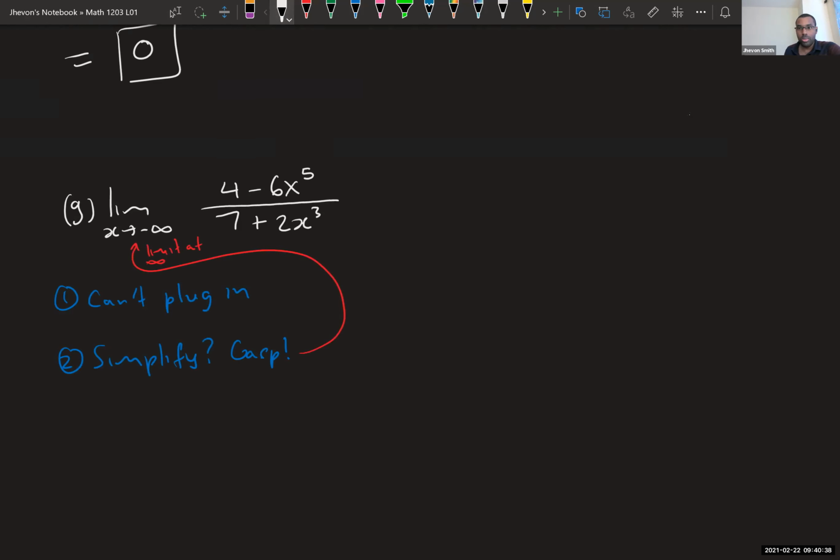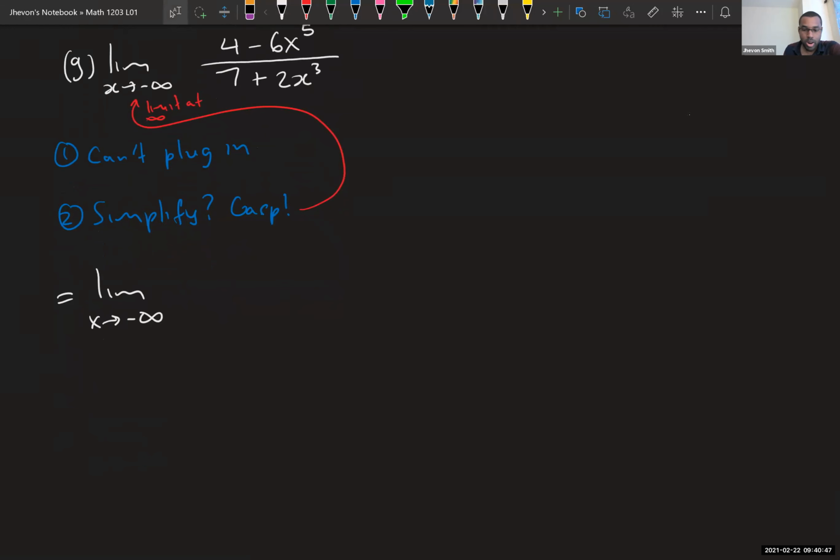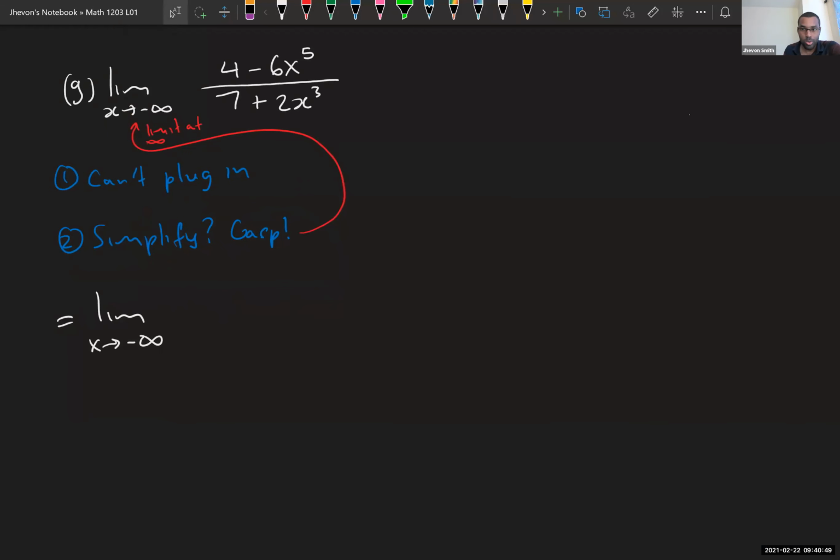Okay, so this tells me, you know what I'm gonna do? I'm going to divide the top and bottom by the highest power of x in the denominator. Always the denominator. That's x cubed.